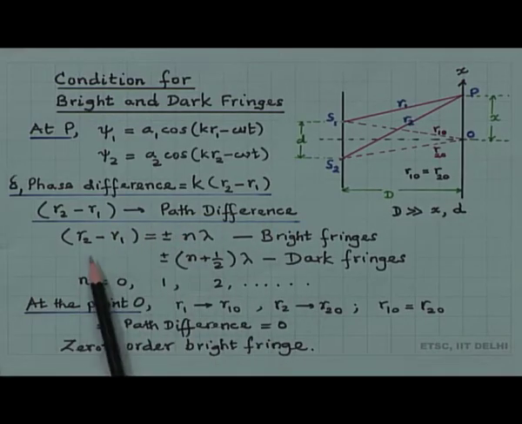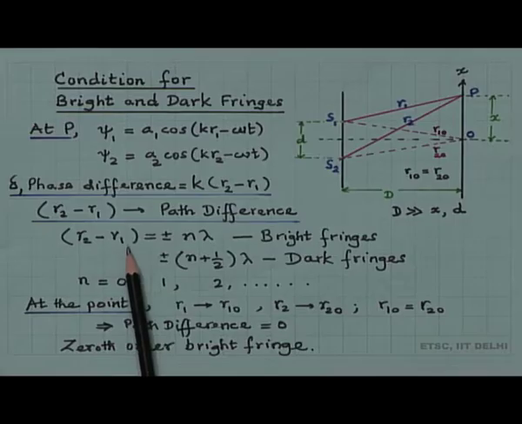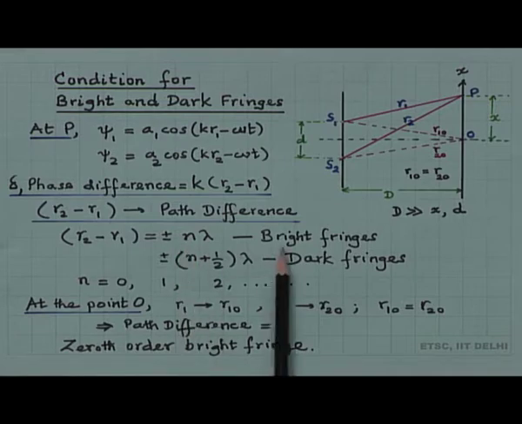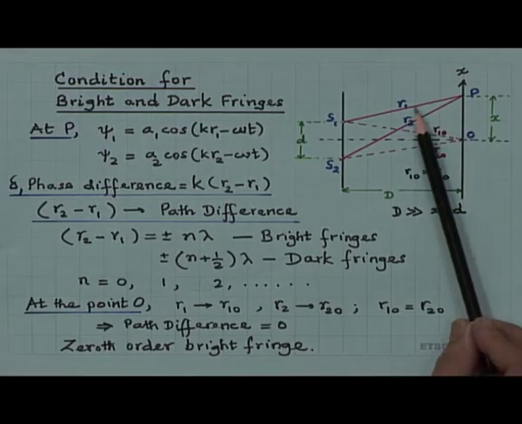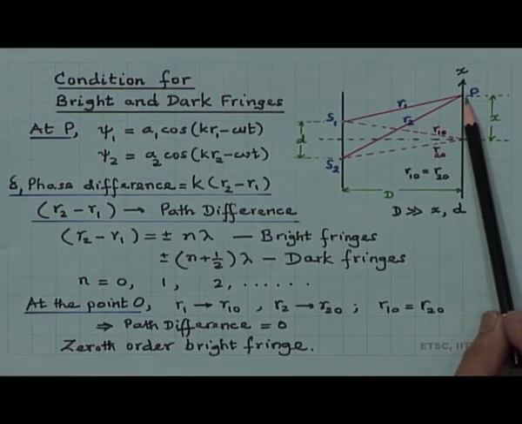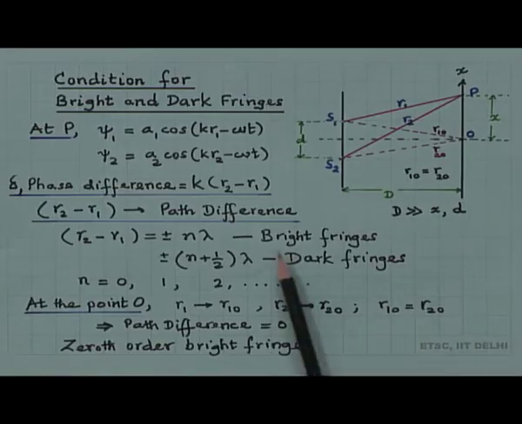We have also seen that whenever R2 minus R1 is equal to plus or minus n lambda, where n is an integer, it is the condition for bright fringes. At points P where R2 minus R1 is an integral multiple of the wavelength, that point would be bright. And whenever it is (n plus half) times lambda, we have the condition for dark fringes, where n is equal to 0, 1, 2 and so on.